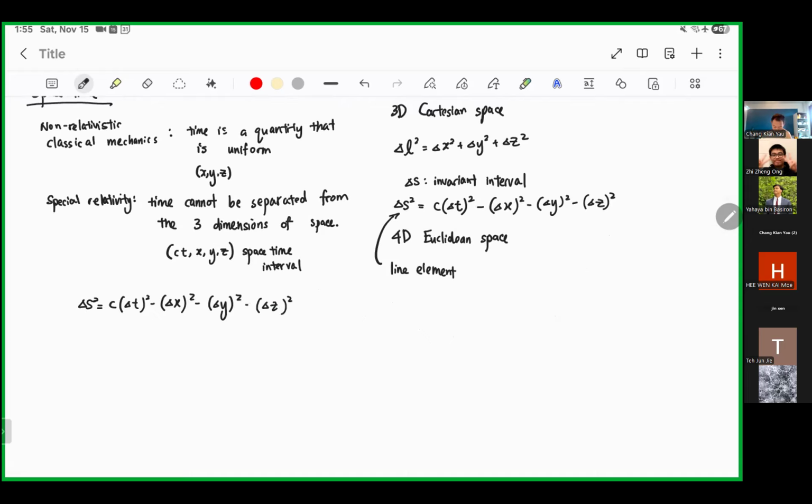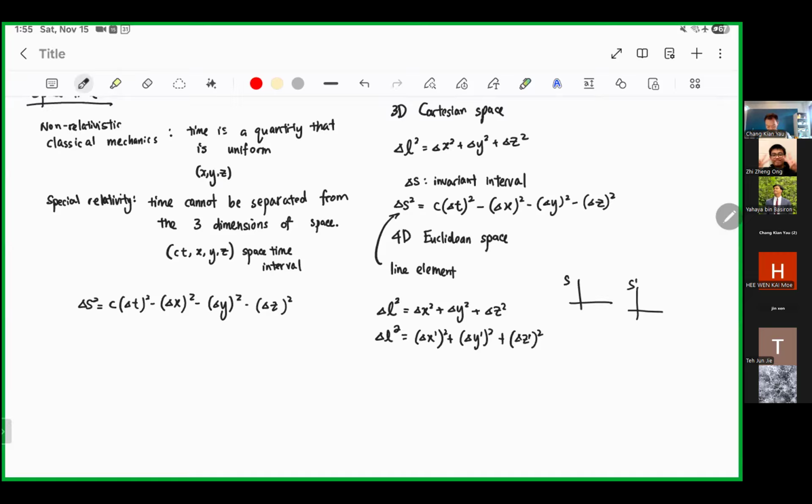For 3D, let's say I have a point, and I have two frames in just non-relativistic classical mechanics. Then you know that delta L squared would be the same for the distance that you see from two different inertial frames of reference.